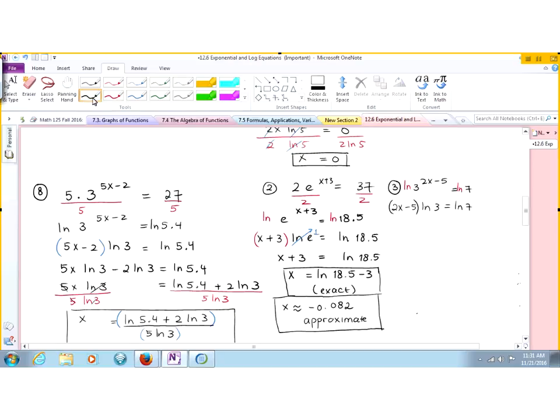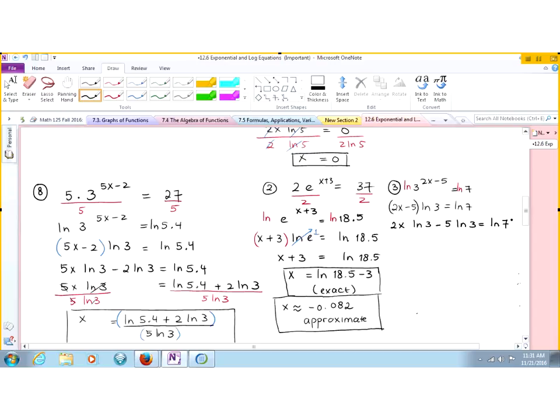So, how do we continue? Distribute. So, 2x times ln 3 minus 5 times ln 3 is equal to ln 7. Okay. Good. And let's isolate.